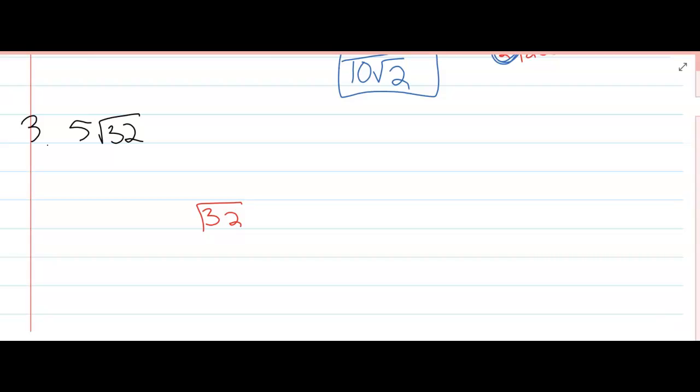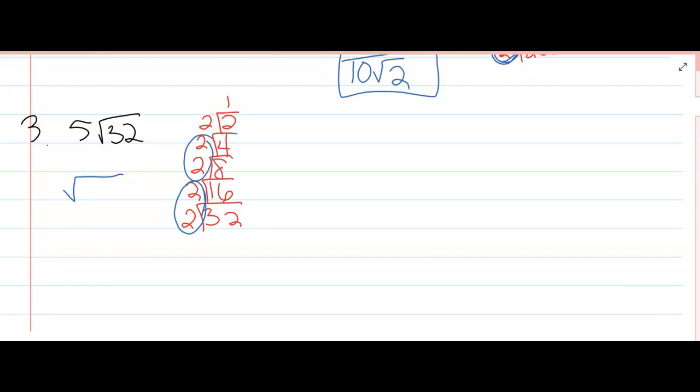So for 32, we're going to divide out a 2. 32 divided by 2 is 16. I could divide out another 2, I'd get 8. Another 2, I'd get 4. Another 2, I'd get 2. Divide out a 2 and I'd get 1. So a big cake of 2's. Remember, we're going to circle pairs. So I have a pair of 2's and another pair of 2's, and then I have one 2 left over.